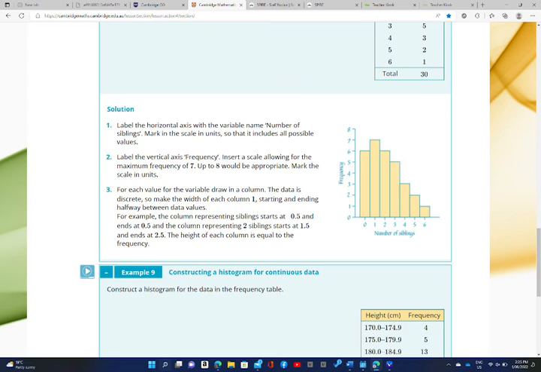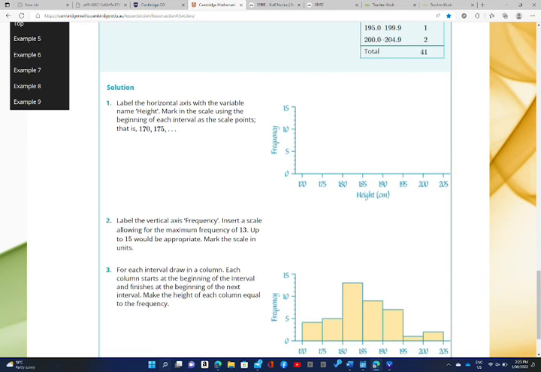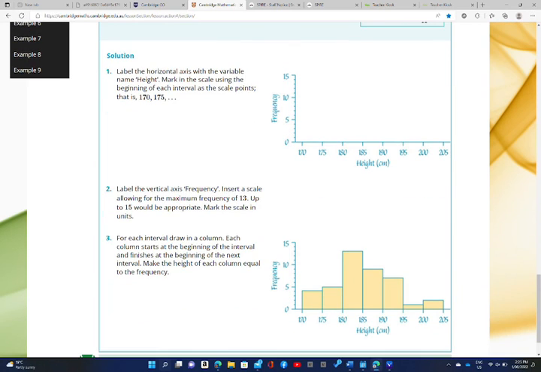For continuous data, that just means that instead of getting individual numbers, you just have ranges of numbers. And notice that only the number that begins the range is put on your chart. So it started at 170, then the next one started at 175, so that's the next boundary.